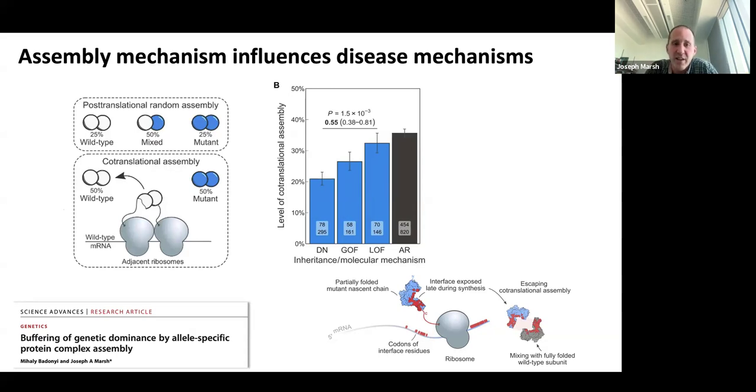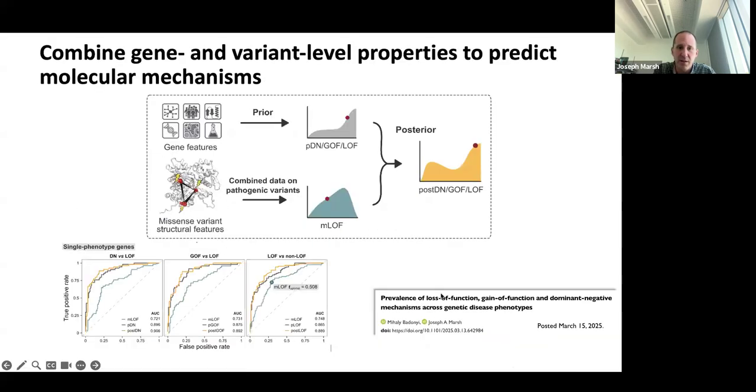In particular, whether proteins go through what's called post-translational assembly or co-translational assembly, so whether they assemble very shortly after synthesis close to the ribosome or very far away, has a very strong influence on how likely you get these dominant negative mechanisms. And we have a lot of data now on proteins that are known to co-translationally assemble, so that's potentially another thing that we can use to predict these molecular disease mechanisms.